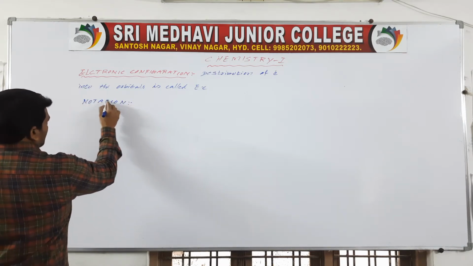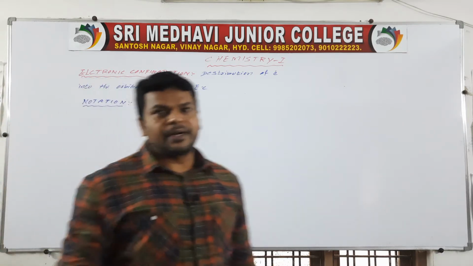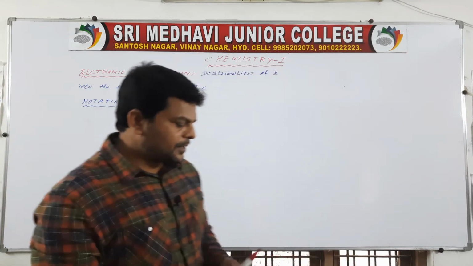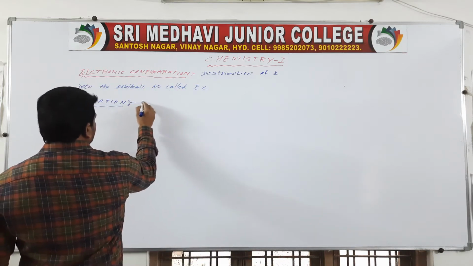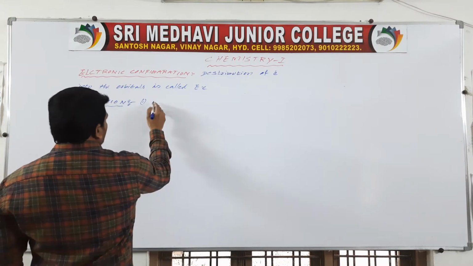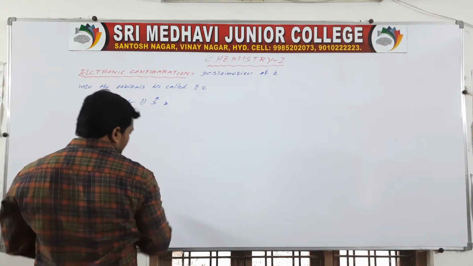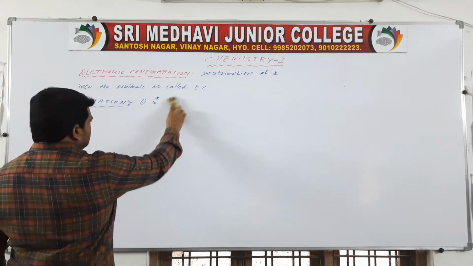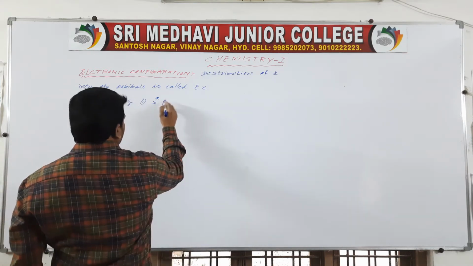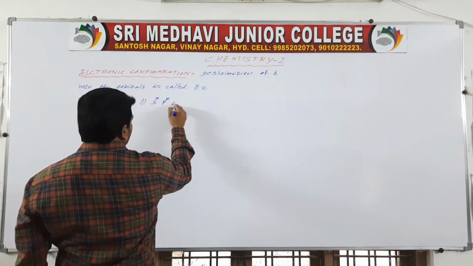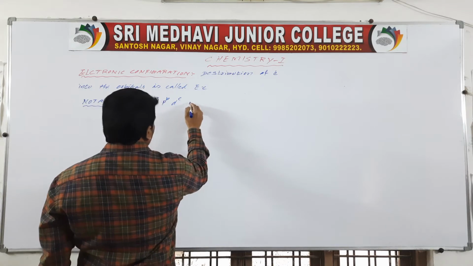How can electronic configuration be denoted? The first notation is s^a p^b d^c.